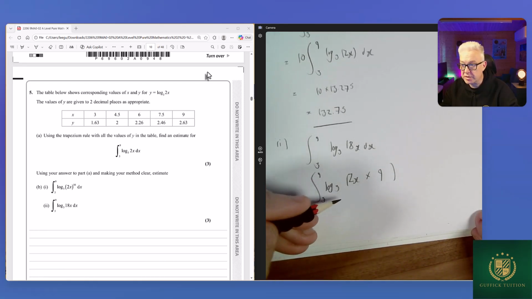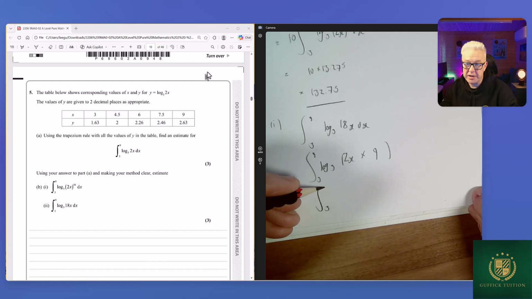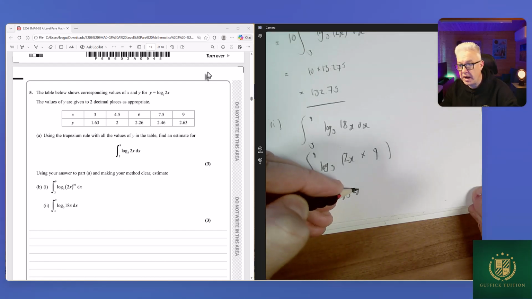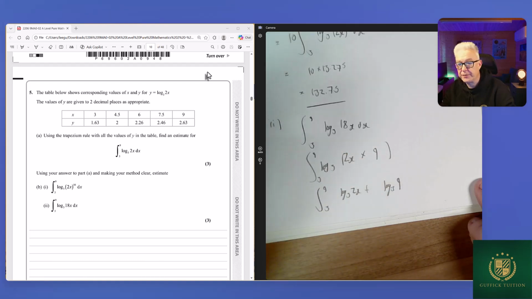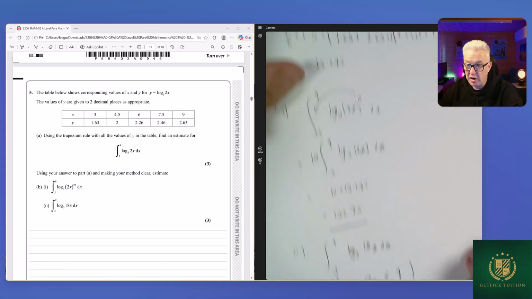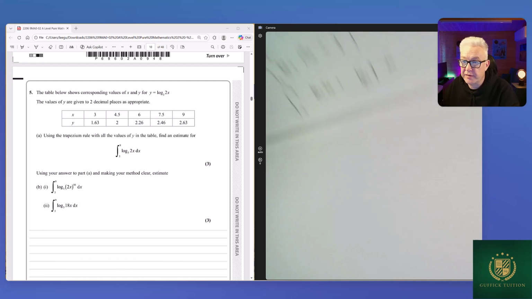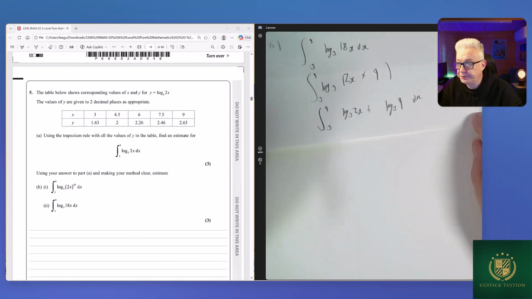Now, using the laws of logs, a product can be the same as an addition. So that's the same as log to the base 3 of 2x plus log to the base 3 of 9. Now, log to the base 3 of 9 is the same as log to the base 3 of 3 squared. And then we use the power law to bring it to the front to make that 2. So let's see what we're going to get.